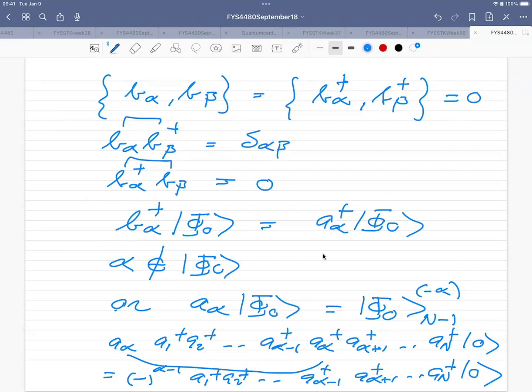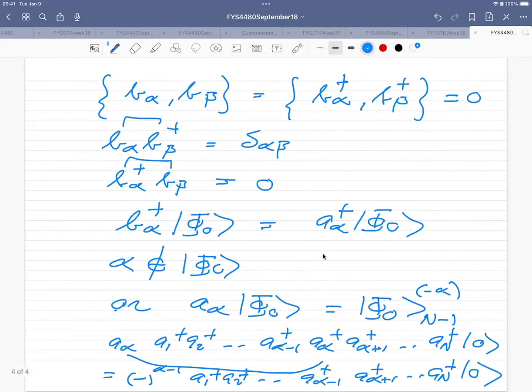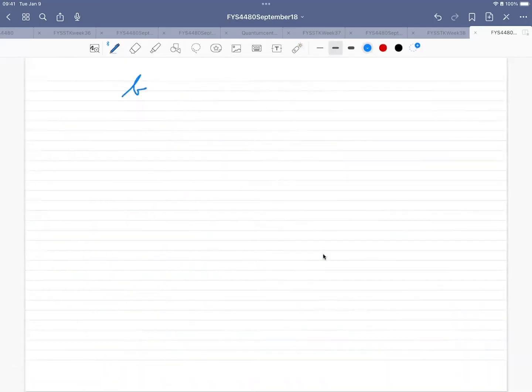And I can do the same thing if I now look at the annihilation operator which we have defined. So if I take this operator here and act with that one on a specific state, you will see immediately that if alpha is not in the state which we are looking at, this is automatically 0. And then here, this is also 0 if alpha is included in the state. So if we now look at the operation of this B alpha acting on this phi 0, we would have two cases here.